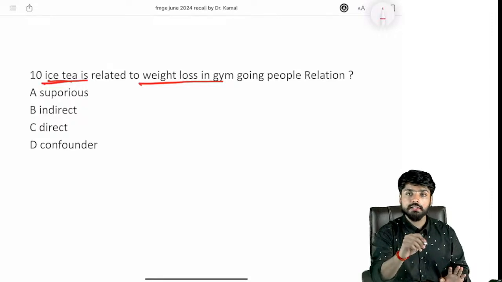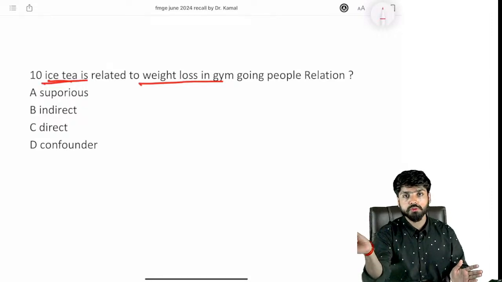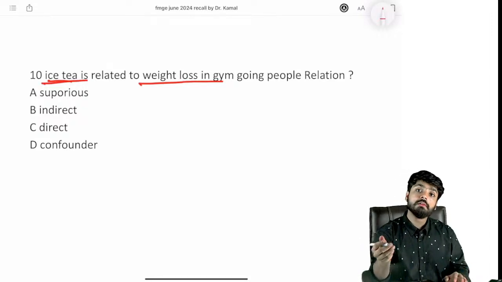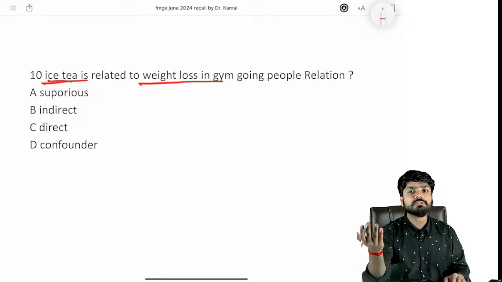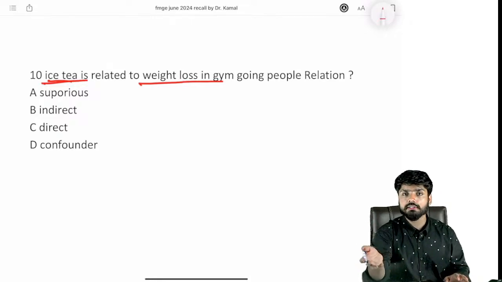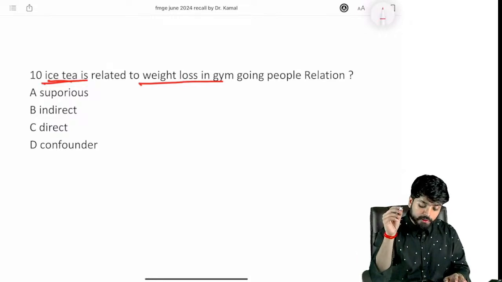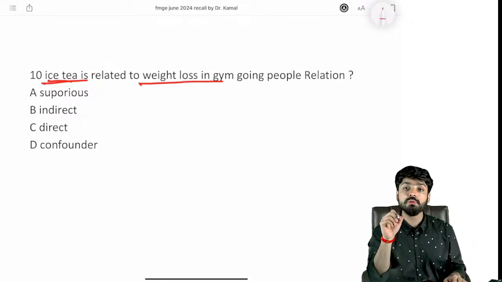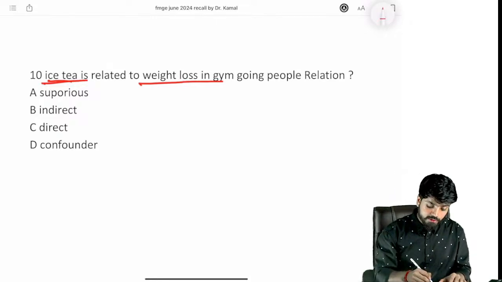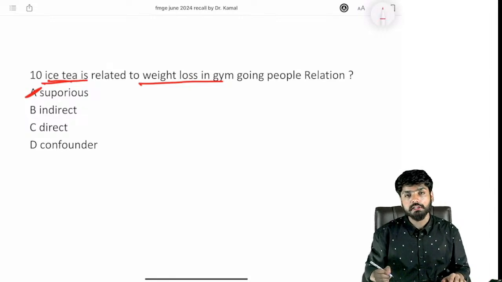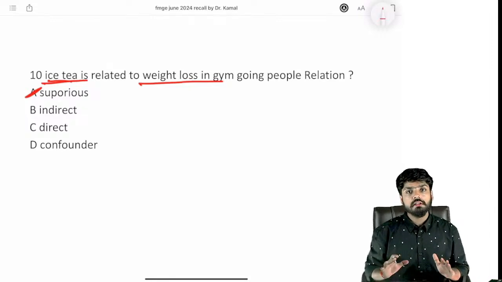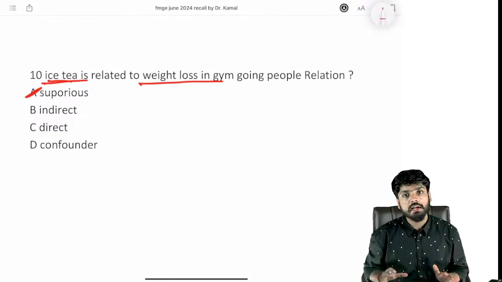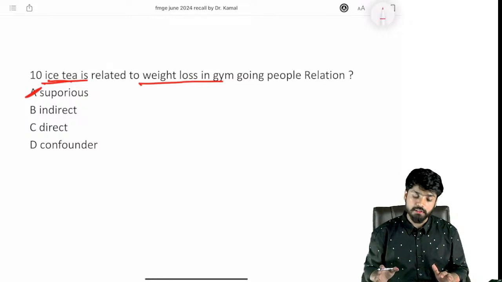Then iced tea in any sense does not relate to weight loss. People who come to the gym tend to drink more iced tea or any kind of caffeinated tea, but it doesn't help them decrease weight. So if the question was saying iced tea reduces weight, I will call it a spurious relation, because in nature there is no direct relation between iced tea and losing weight.